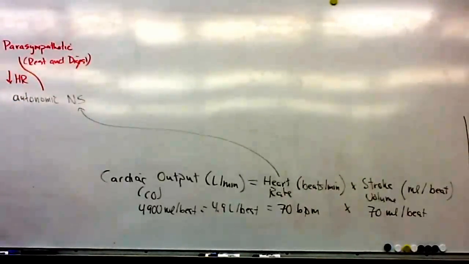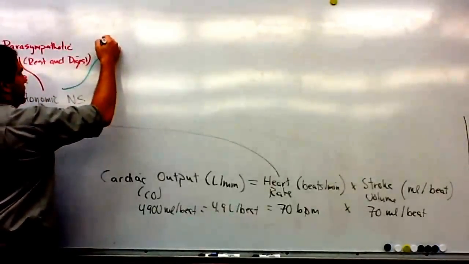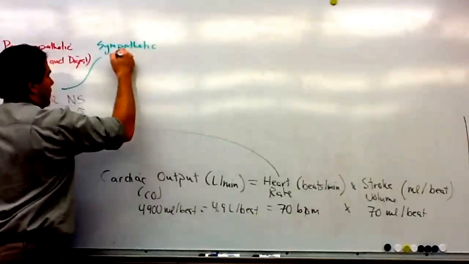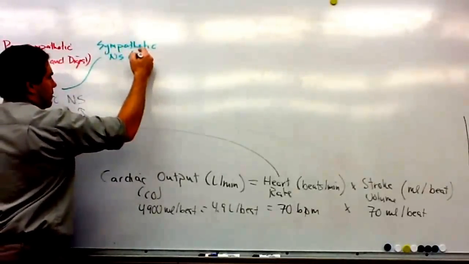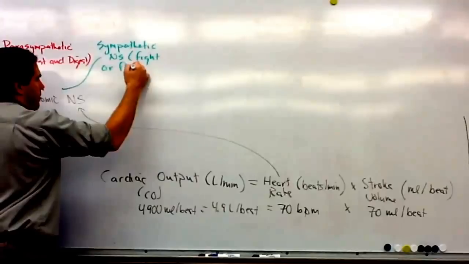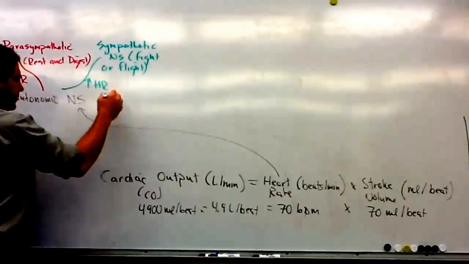So the vagus nerve is the major player. It's a parasympathetic nerve, and that decreases your heart rate. The part of the autonomic nervous system that speeds up heart rate is the sympathetic. And we sometimes call this the fight or flight, and this will increase heart rate.